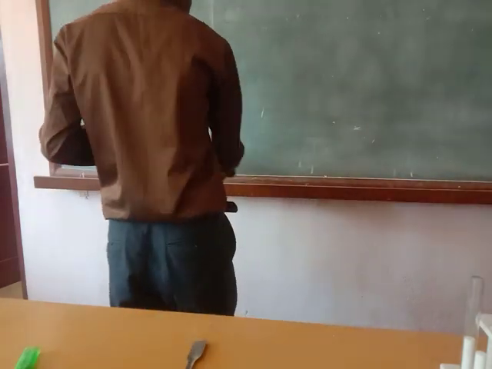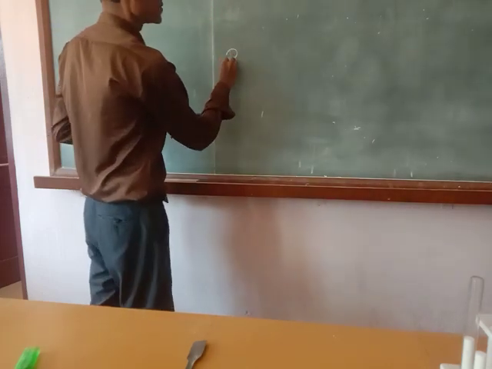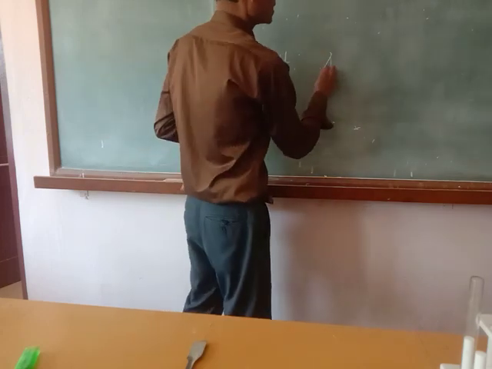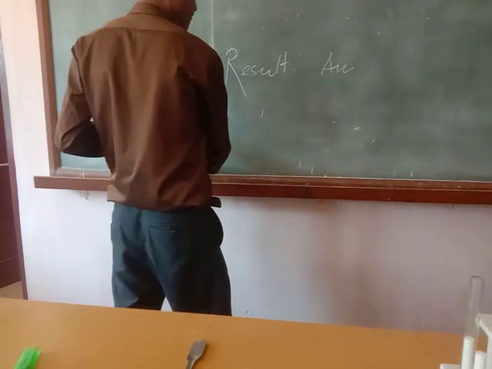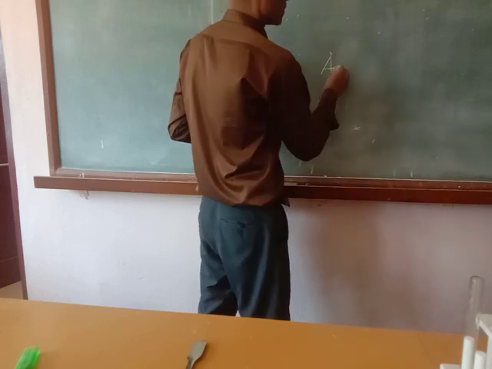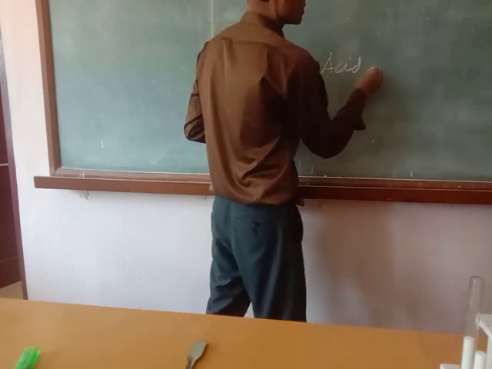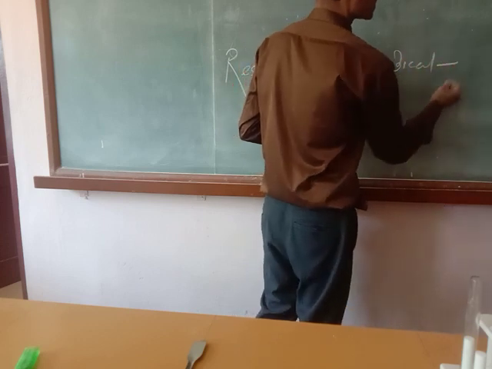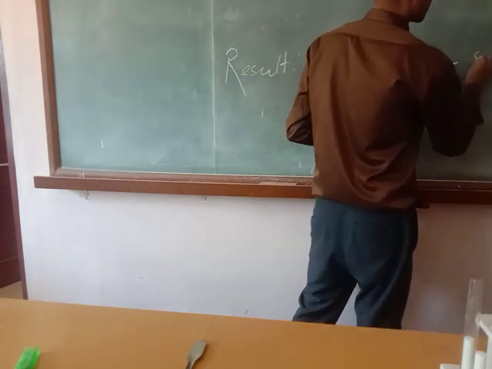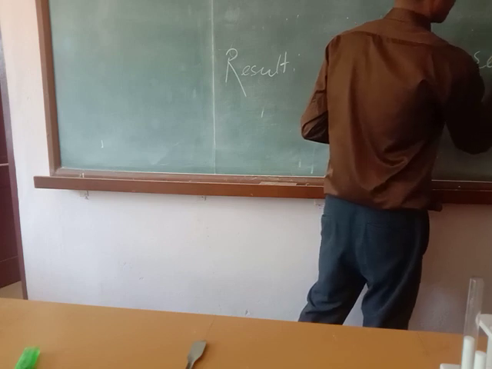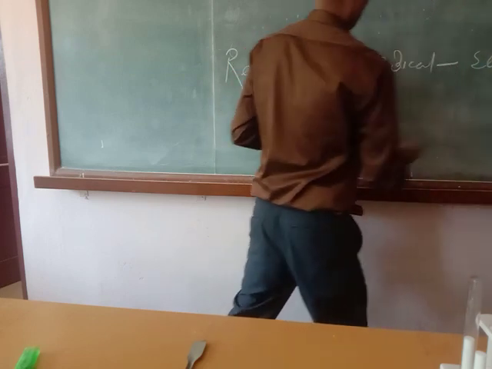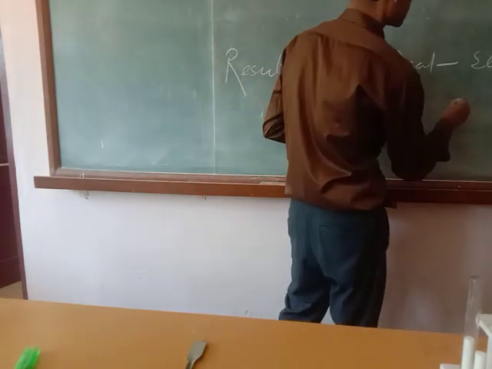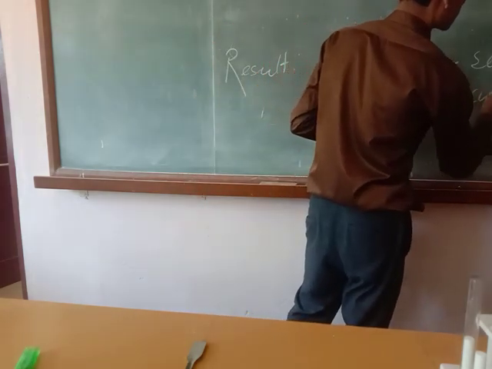So our precipitate analysis is completed. Now write the result. Our acid radical is sulfate and basic radical is copper, Cu2+.